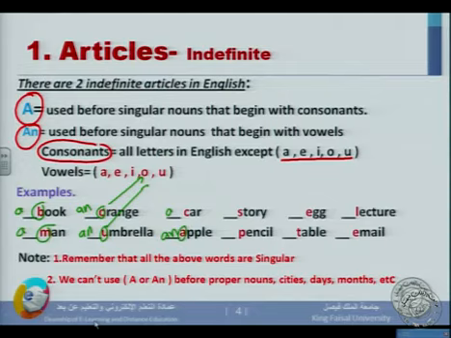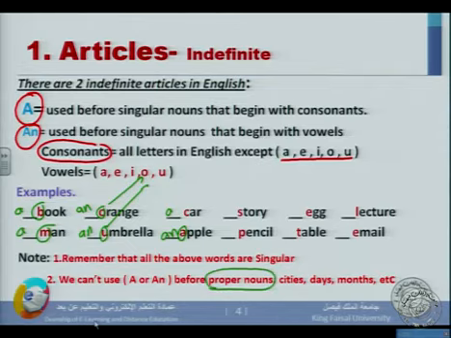لاحظوا هذه A, U and O are all vowels. Okay? So remember that all the above words are singular. كل هذه الكلمات مفردة. We cannot use a and an before proper nouns, cities, days, months. ما بنقدر نستخدم a و an مع proper nouns.